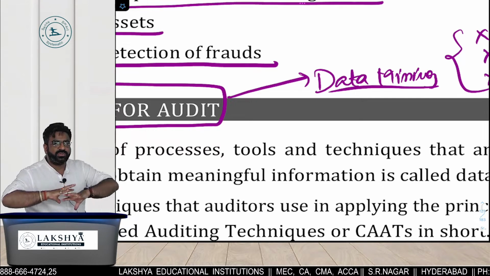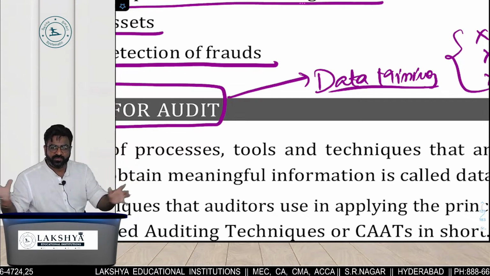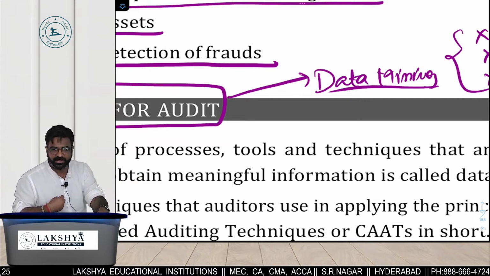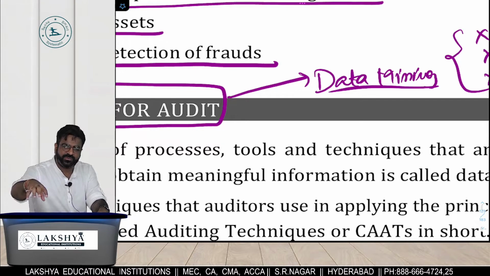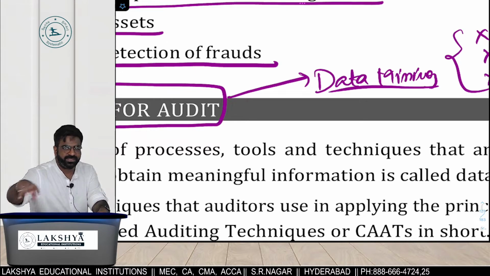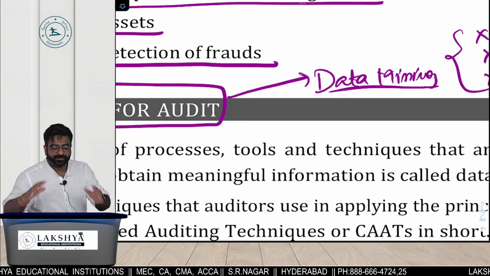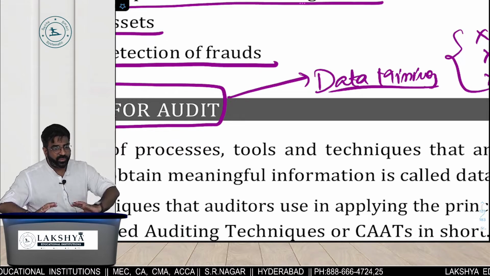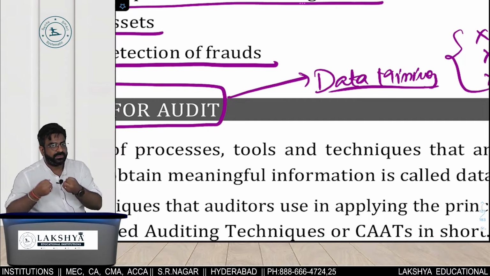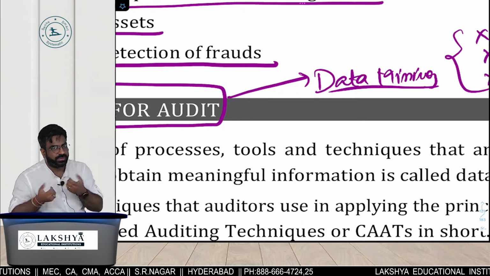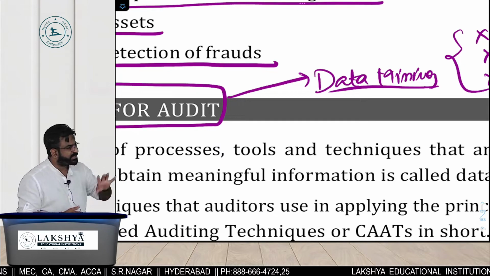So out of the total data of the company, what is meaningful data to me? For that, I apply one application on their software that is called a data mining application. My application will go inside their application and give me the meaningful information which I need for the purpose of my audit.